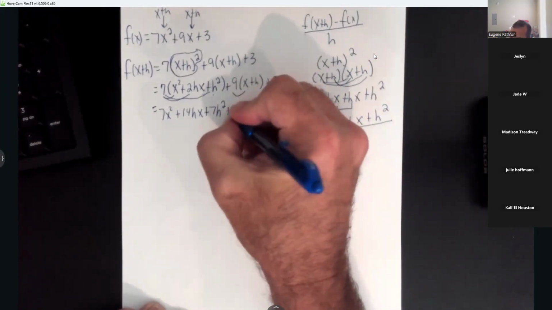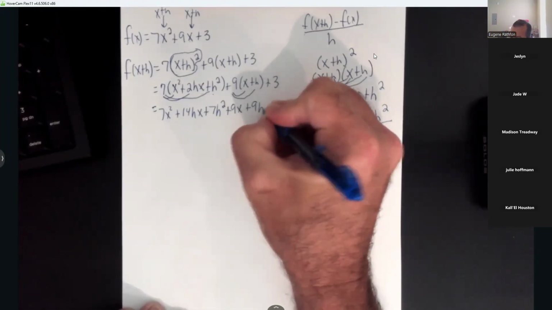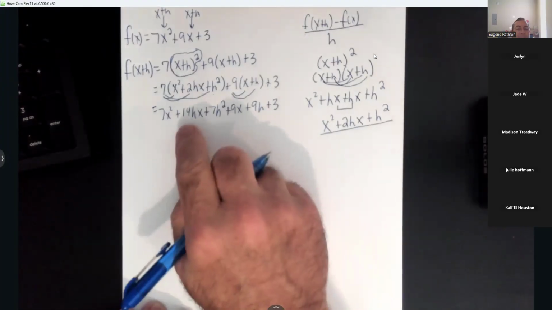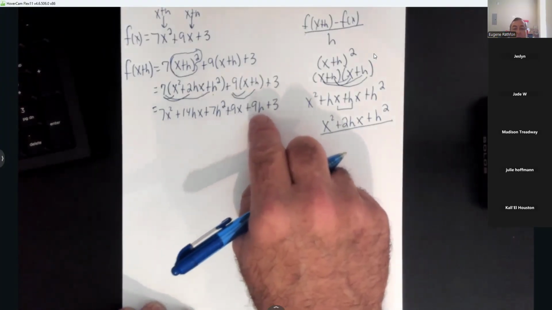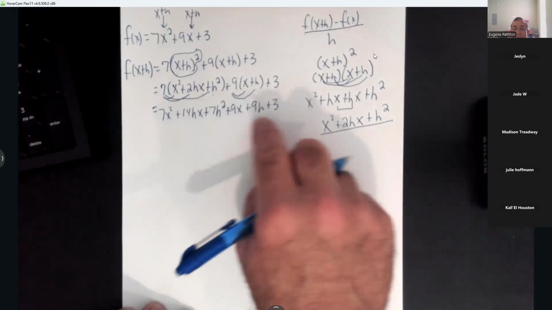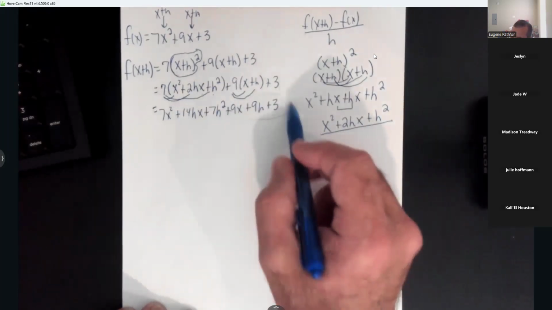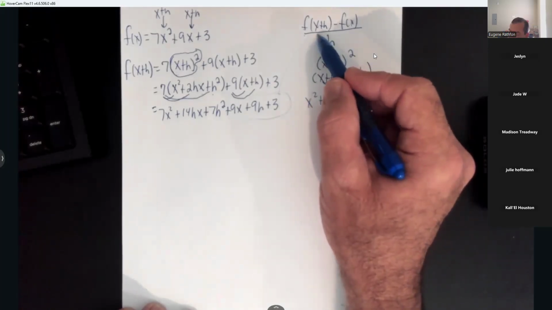Plus 9x plus 9h. And then at the end is a plus 3. So I'm looking to see if I have any like terms. And y'all, at this point, you shouldn't have any like terms on that. So this whole expression here is now f of x plus h.